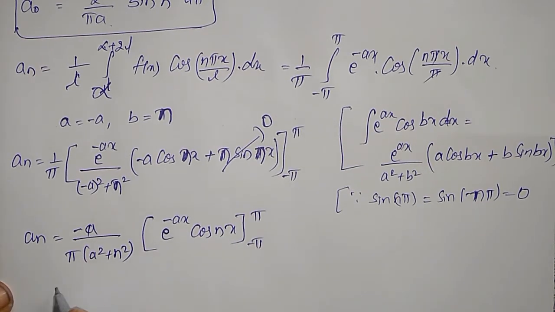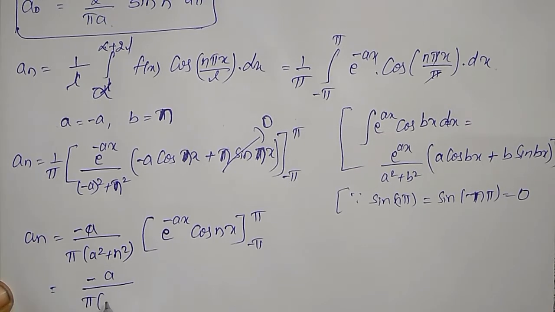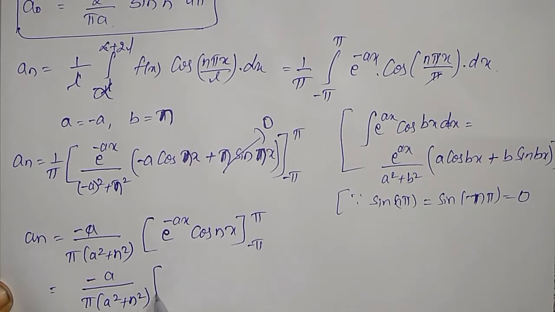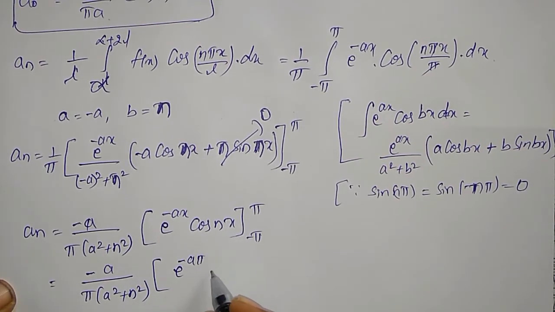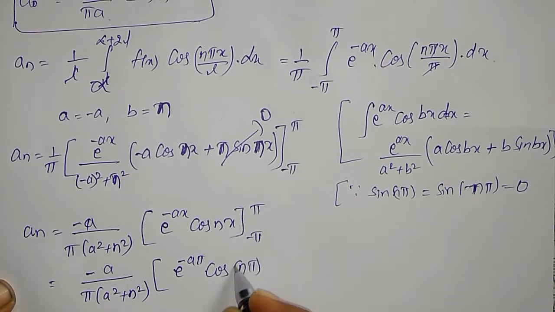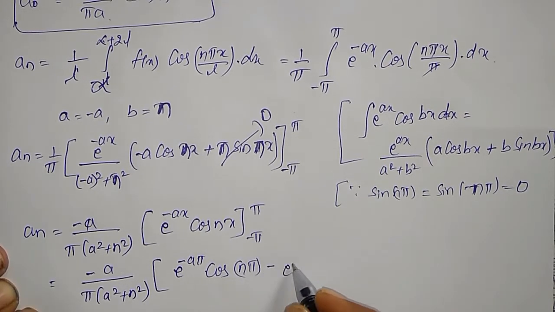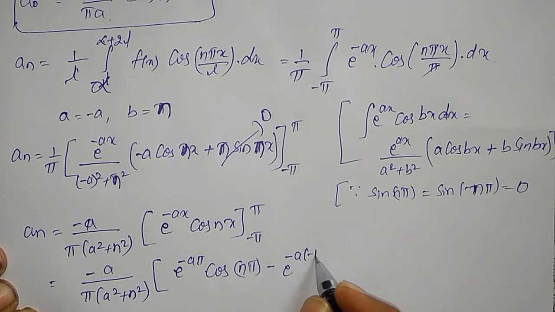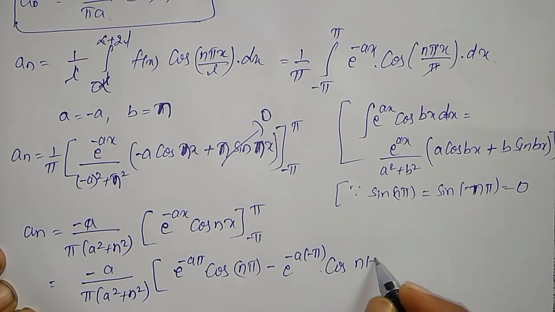What I'm going to get here is minus a divided by pi into a square plus n square, into upper limit e to the power minus a pi into cos of n pi, minus e to the power minus a into minus pi into cos of n into minus pi.